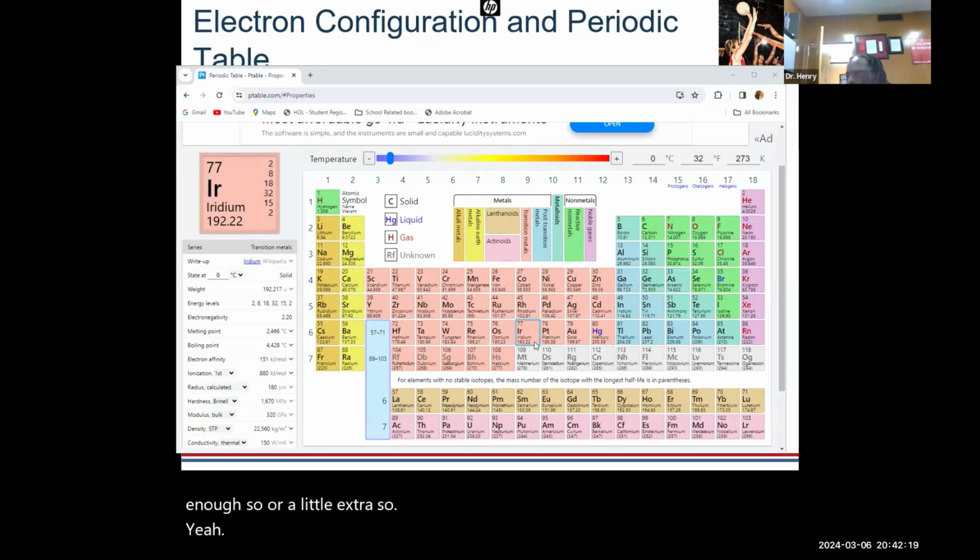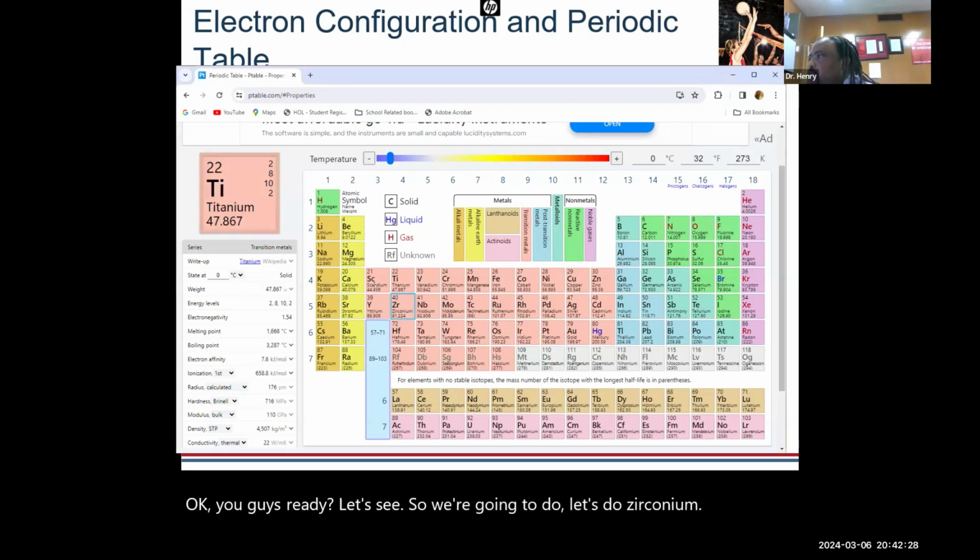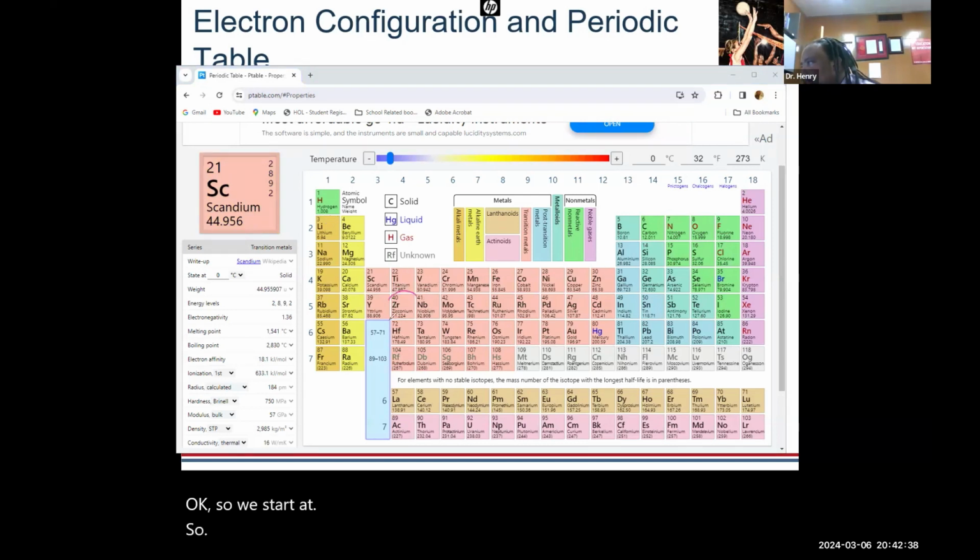Okay, you guys ready? Let's see. So we're gonna do, let's do zirconium. Okay. So let's do it the long way first, and then I'll show you the shortcut. Okay, so we start at, I'm gonna go ahead and put the element down.